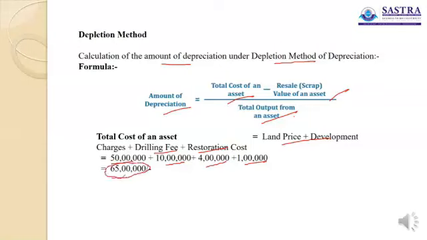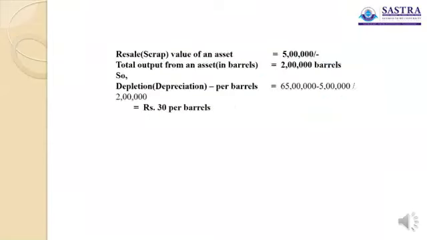Let us see now the resale value. The resale value of the asset is 5 lakhs and the total output from the asset is 2 lakhs barrels. So see here, total cost 65 lakhs and scrap value 5 lakhs.